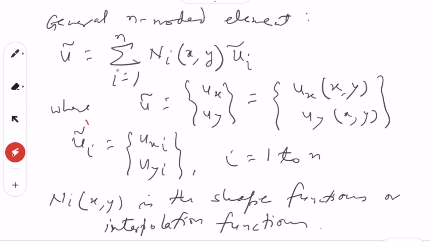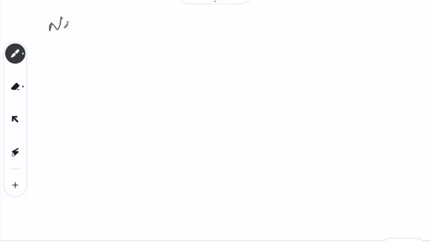So u_i, for example, corresponding to all nodes. So these are basically the displacements, nodal displacements, you call them nodal displacements.